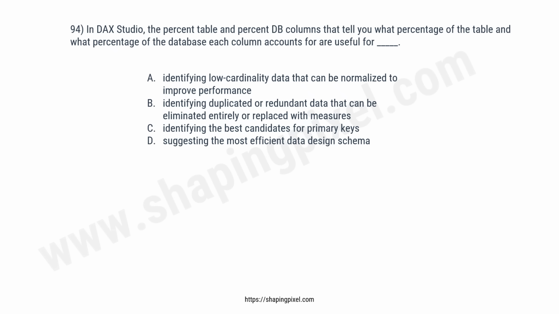Option B, identifying duplicated or redundant data that can be eliminated entirely or replaced with measures. Option C, identifying the best candidates for primary keys. Option D, suggesting the most efficient data design schema. So the right answer is option B, identifying duplicated or redundant data that can be eliminated entirely or replaced with measures.